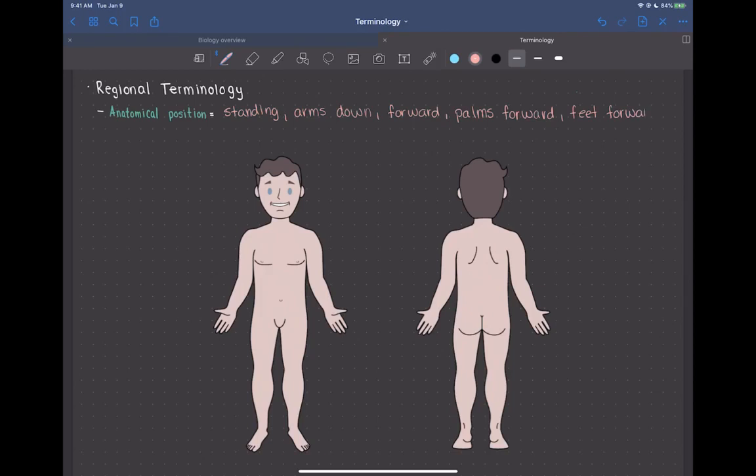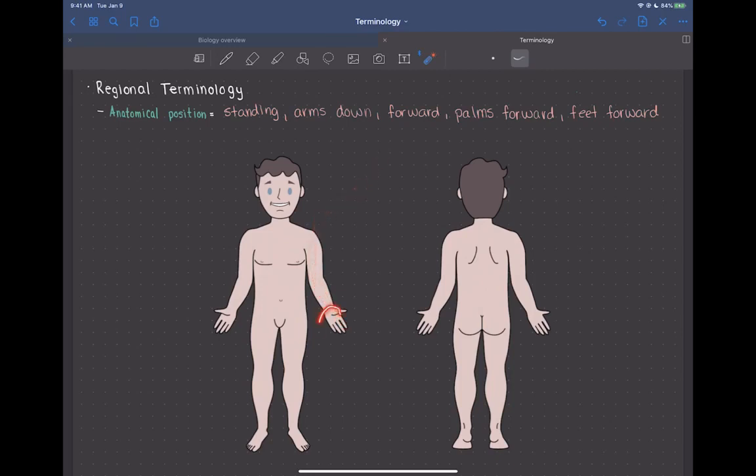Okay? And then that way we can easily know that we're all referring to the same thing. Especially when we talk about limbs, it would be easy to be talking about part of a limb, and you don't know if it's here or if that limb is up here, right?